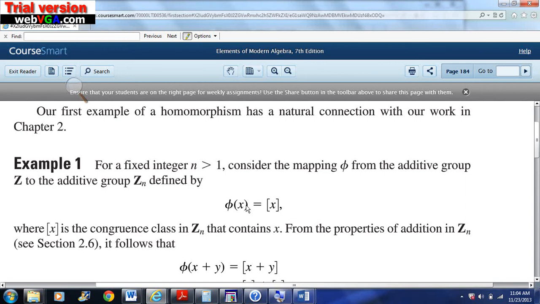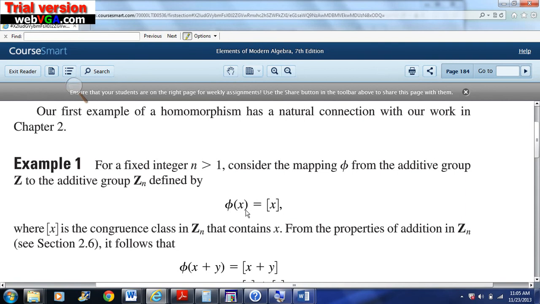Phi of x is equal to the class x. So that means that x is in Z. X is an integer, and any value of x that's an integer is being mapped into that same x as far as the class is concerned.